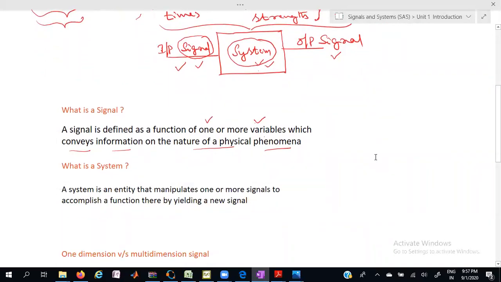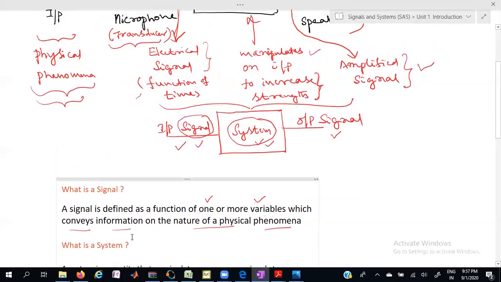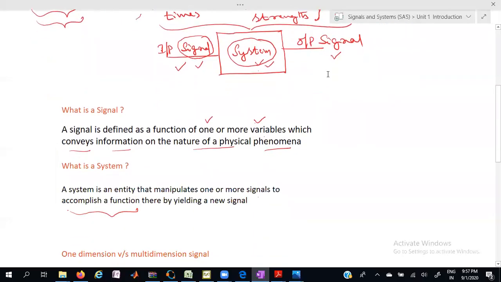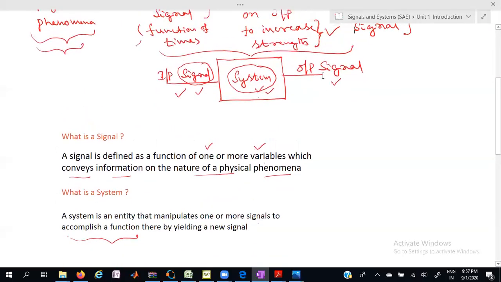Then what is a system? A system is an entity that manipulates one or more signals. In our case, it is manipulating only one signal, that is the electrical equivalent of the speech signal, and it accomplishes a function. In an amplifier, the function it accomplishes is increasing the strength of the signal, and it yields an output signal or a new signal.